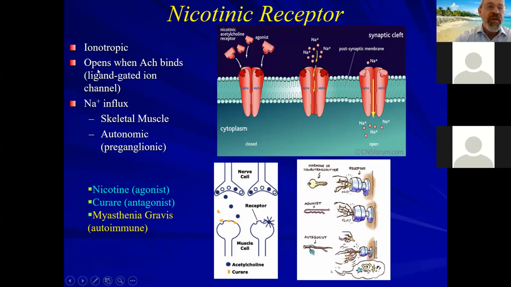Ligand is just another name for a chemical that binds to a receptor. So neurotransmitters or hormones, when they bind to a receptor, they're known as a ligand. In the case of the nicotinic receptor, this leads to an influx of sodium. And you can see primarily a sodium influx.